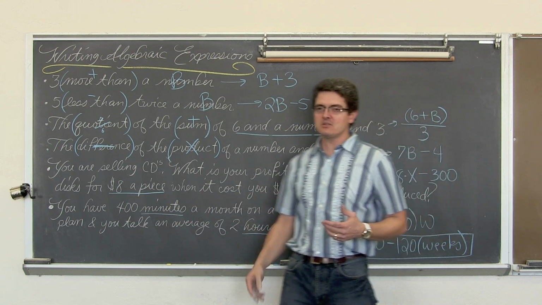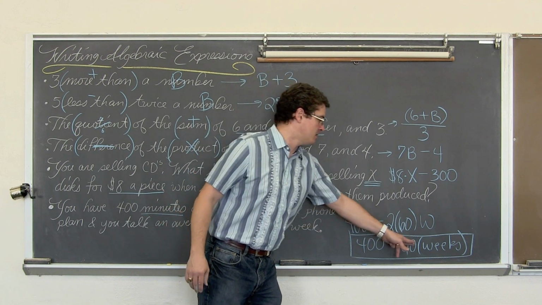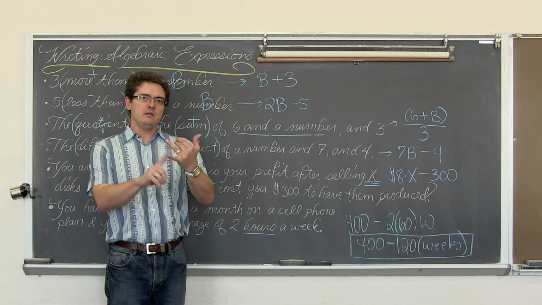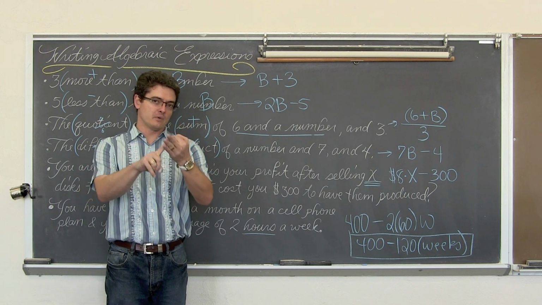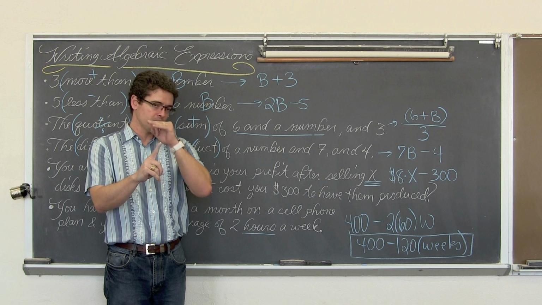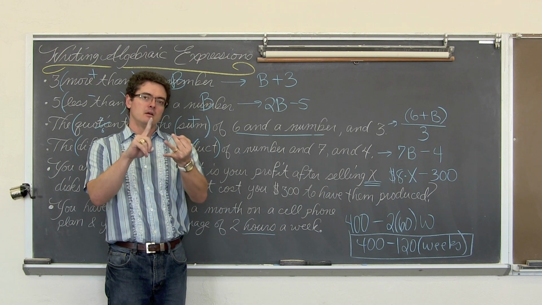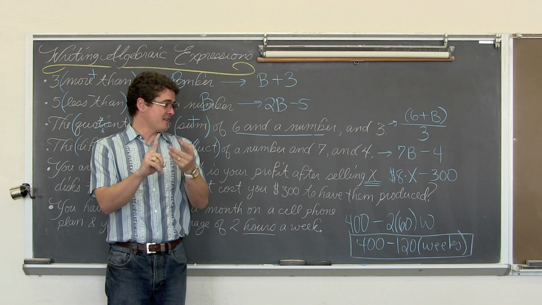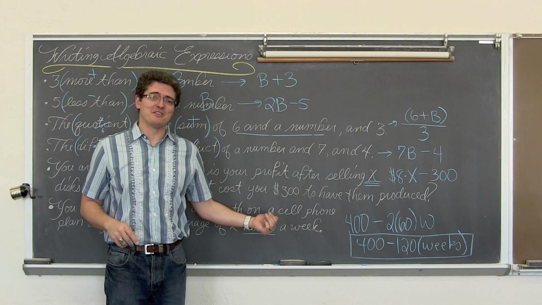Well, if we're talking 2 hours a week, or 120 minutes a week, 120, 240, 360, I'm adding 120 minutes a week. I think I'm going to run out of minutes, and I don't have a big enough plan.